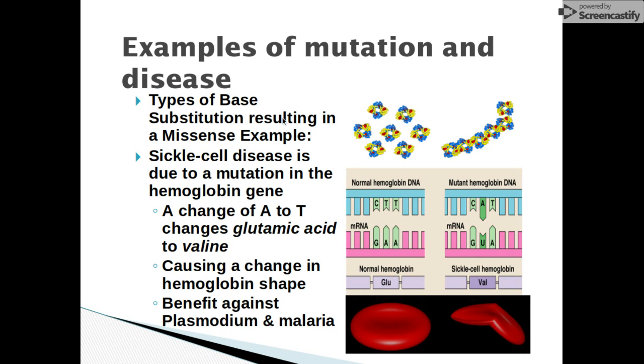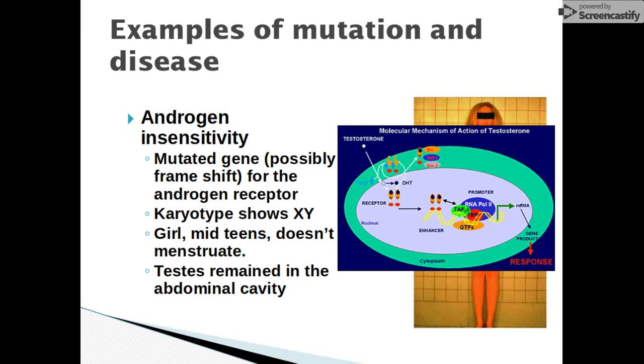So again, base substitution, we have missense, where it changes one amino acid, which doesn't create the correct protein, but it has the potential to continue working correctly to a degree, not as well as the normal one. So sickle cell anemia was that example.